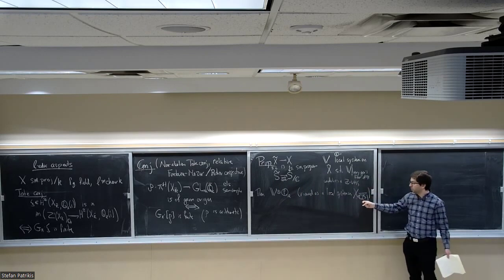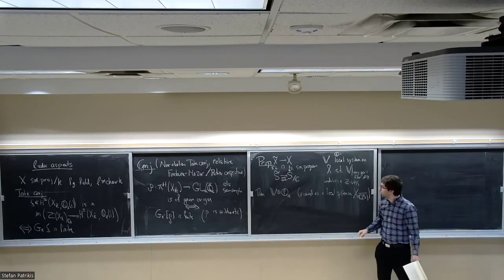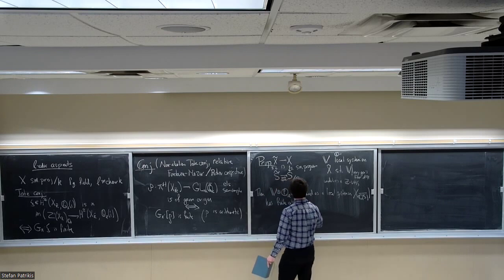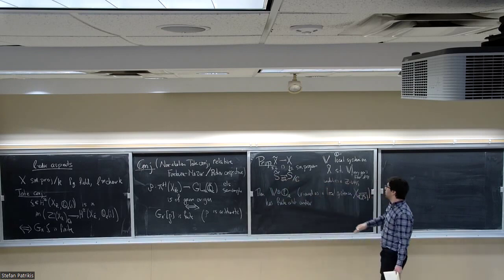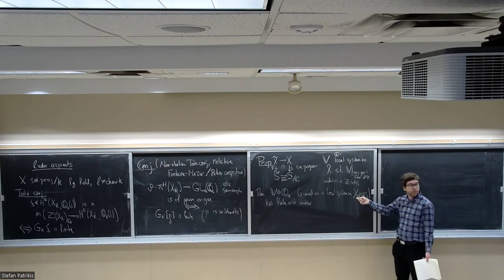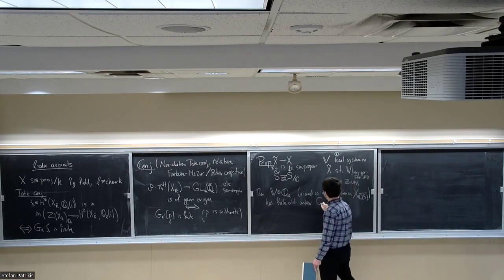So here I've base changed to the algebraic closure of the function field of S. Then this has finite orbit under, well, what you'd expect is that if you descend this whole situation to some finitely generated field, like some number field maybe, you'd expect this local system to have finite orbit under the Galois group of that number field. But all I know how to show is that it has finite orbit under the function field of S.